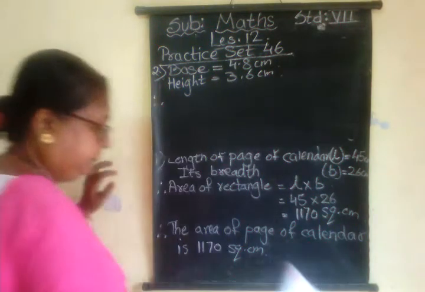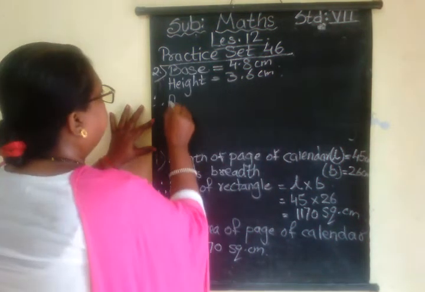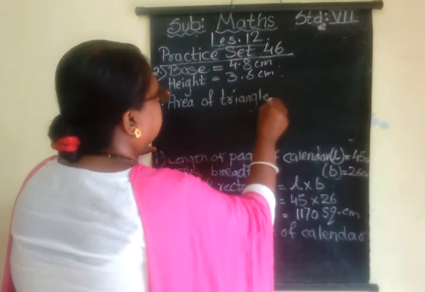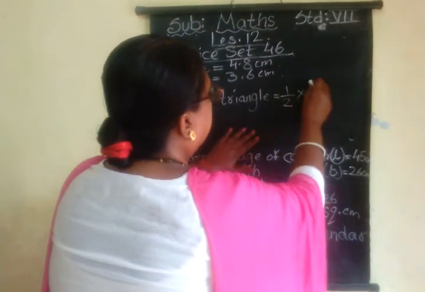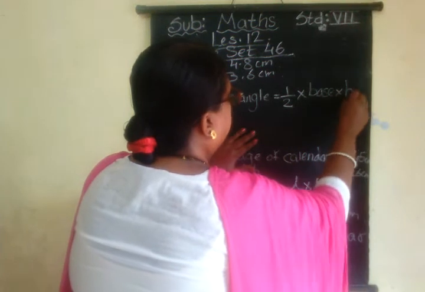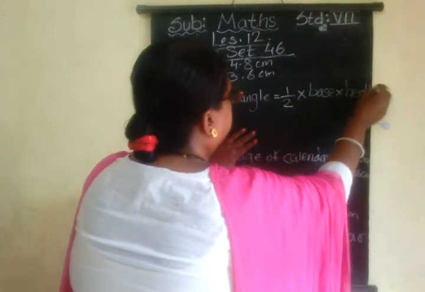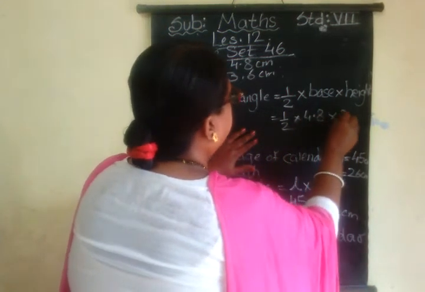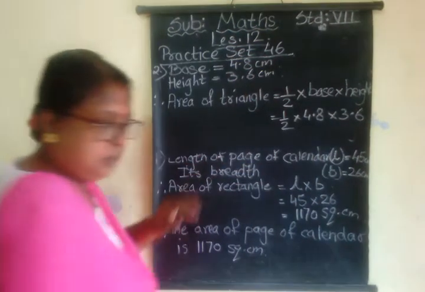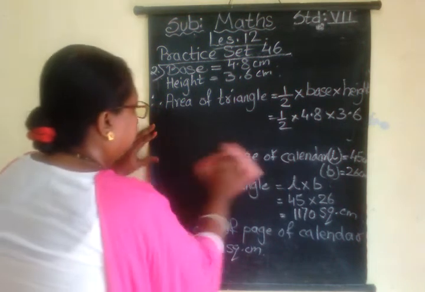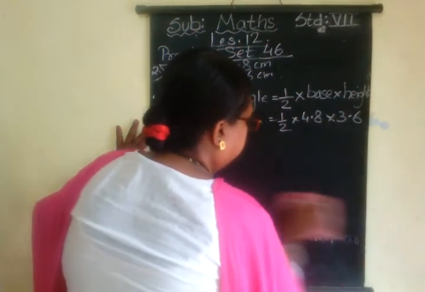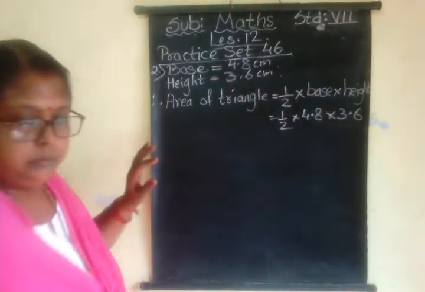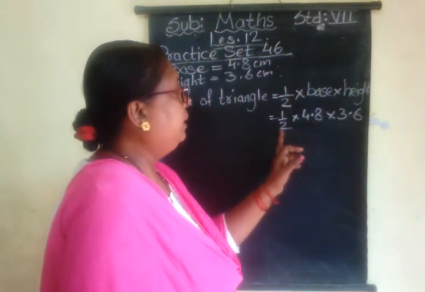Therefore, area of triangle is equal to half into base into height, which equals half multiplied by 4.8 multiplied by 3.6. Now 4.8 can be reduced by 2.